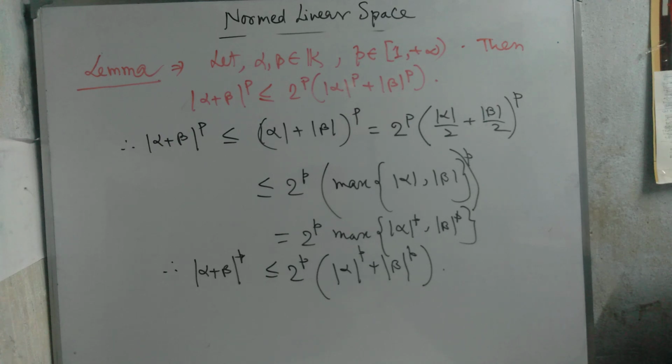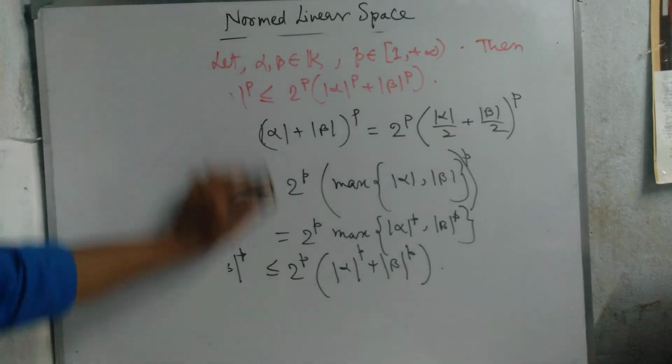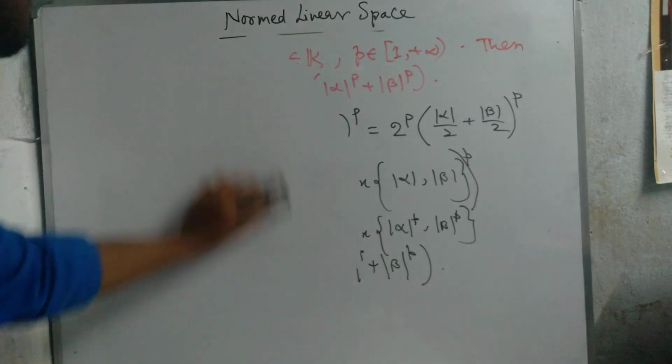It's too easy to handle this lemma. Now we are also going to prove whether L2 is a linear space or not, or a vector space or not. We erase that portion and go on to further discussion of that.